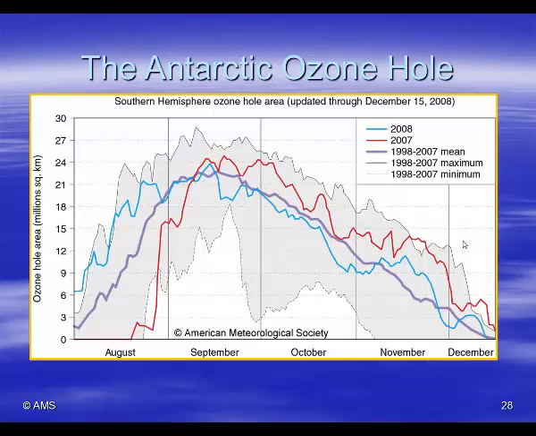Here shows the ozone hole in millions of square kilometers. If we look at 2007, we see that the ozone hole started in late August and peaked about mid-September at about 26 millions of square kilometers.